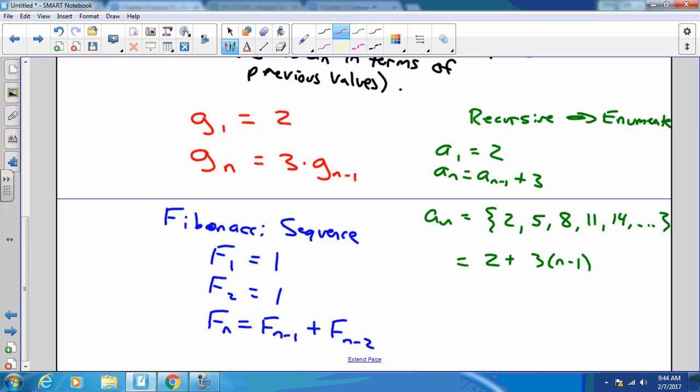F2 is one pair of rabbits. So we're good. Then they begin to reproduce. And when they reproduce, what happens is that the mature pairs of rabbits are the ones that are at least 2 years old, and let's just suppose that they each give birth to a pair of rabbits.